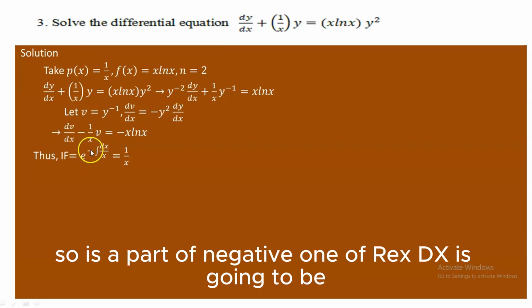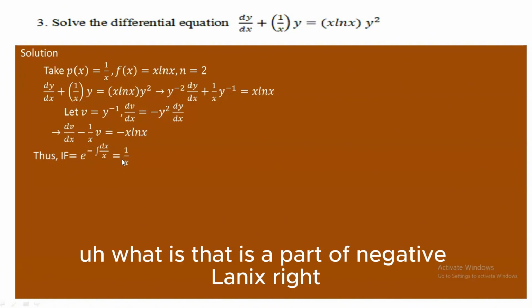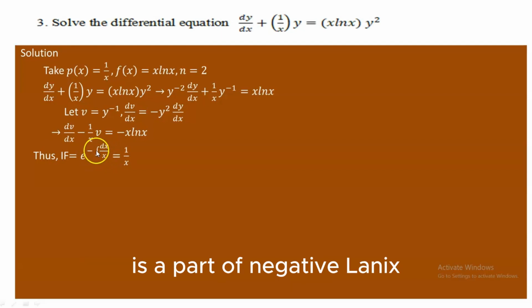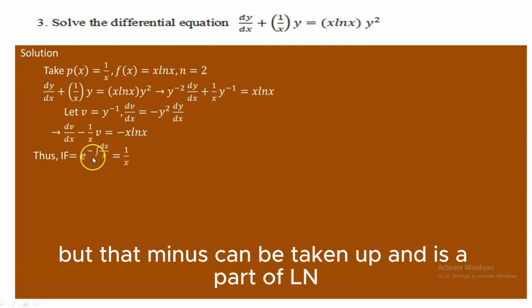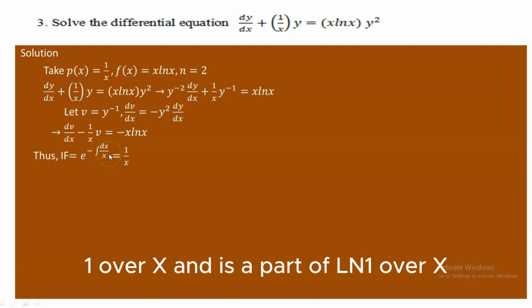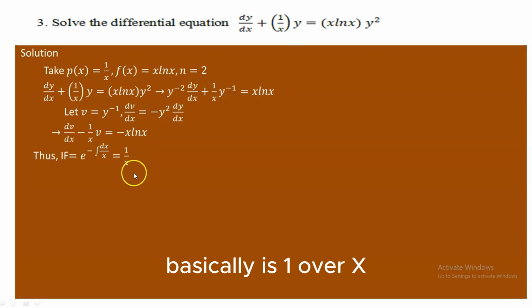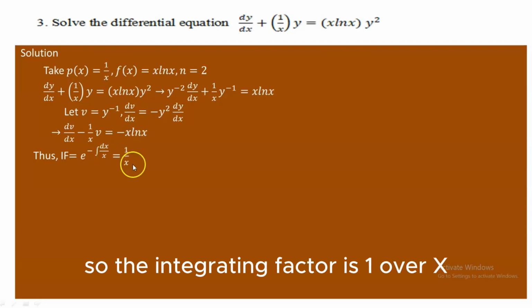So e to the power of the integral of negative 1 over x dx is going to be e to the power of negative ln x. That minus can be taken up, so it is e to the power of ln 1 over x, and e to the power of ln 1 over x basically is 1 over x. So the integrating factor is 1 over x.